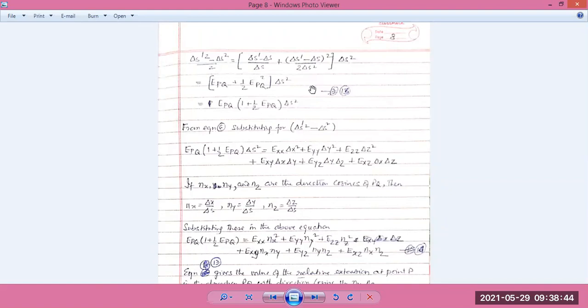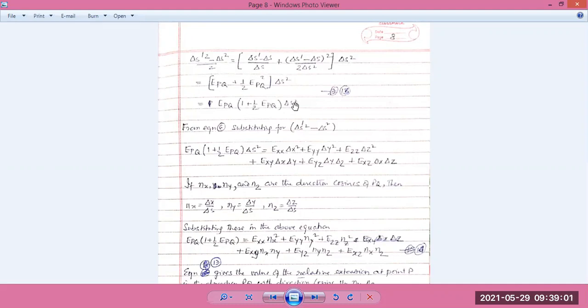So this is, say, if we take EPQ outside, it becomes EPQ into 1 plus half EPQ, multiplied by delta s square.